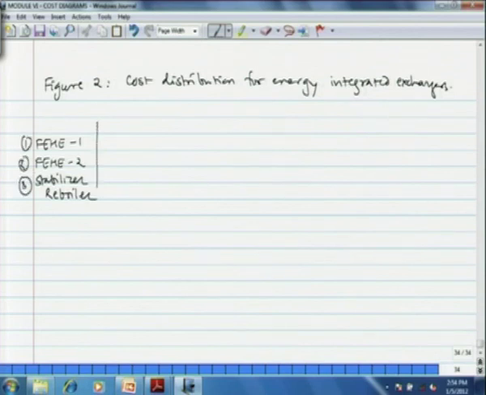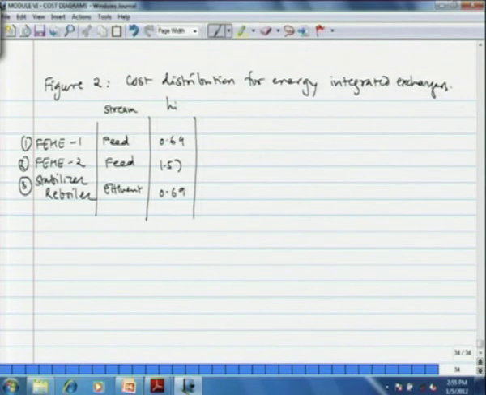And then streams involved: feed, effluent, reactor effluent. Okay. Then we are given the heat transfer coefficient, 0.69, 1.57, 0.69, then the allocated cost, then stream 2.